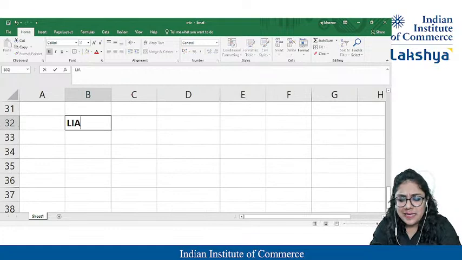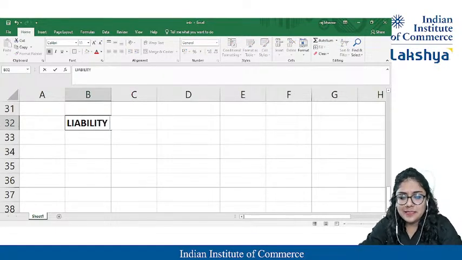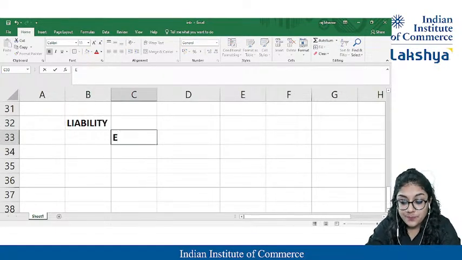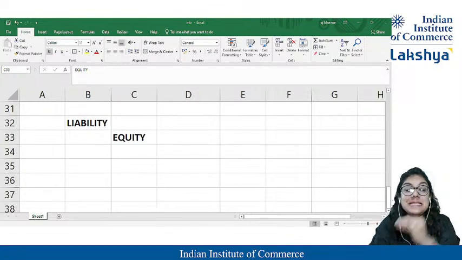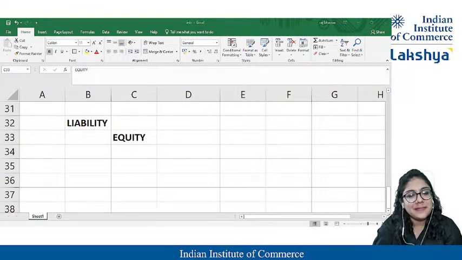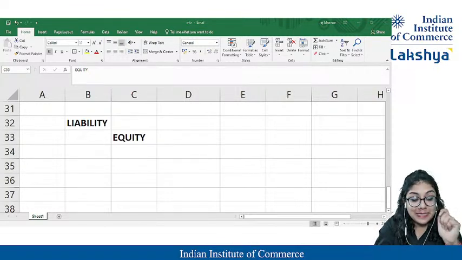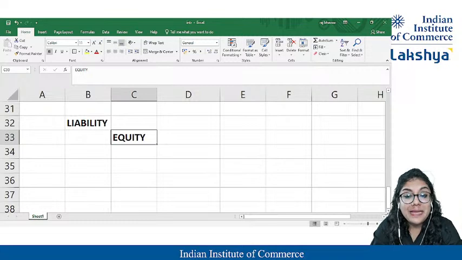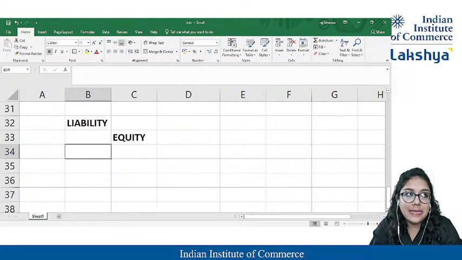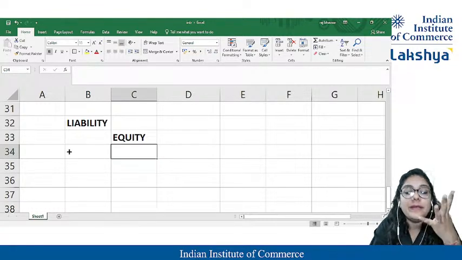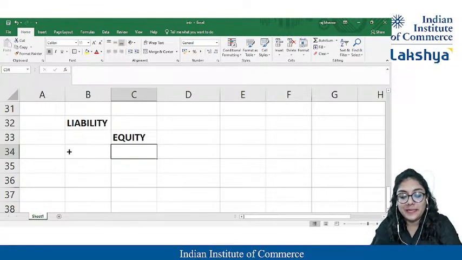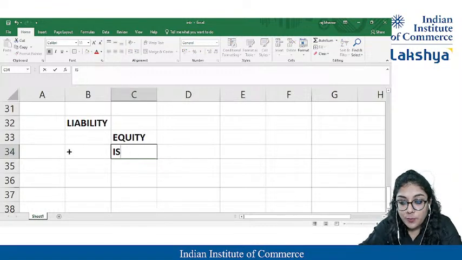Then if I go to the liabilities side, we normally have an equity portion, which we understand as the statement of changes in equity. What is that? Whatever equity I possess at day 1 should be added to, in case in the current year I issue more equity. If I have issued more equity, then even that is to be added.